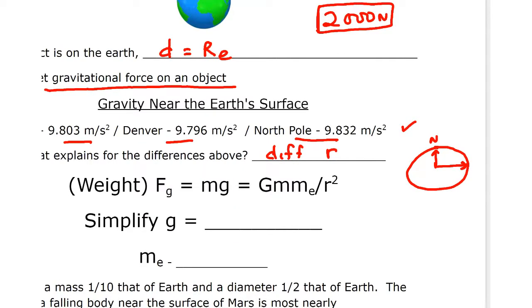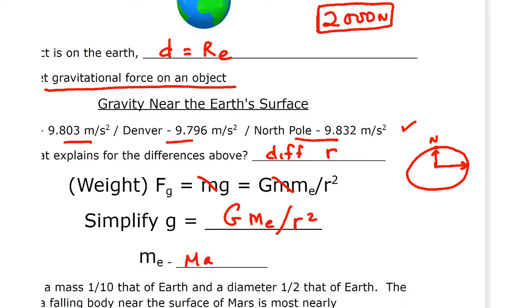Weight is m times g, you know that, but it also equals this. These two are equal to each other. So you can cross out the m, the mass of the smaller body, and you can see the g is that constant, and the mass of the Earth, divided by r squared.